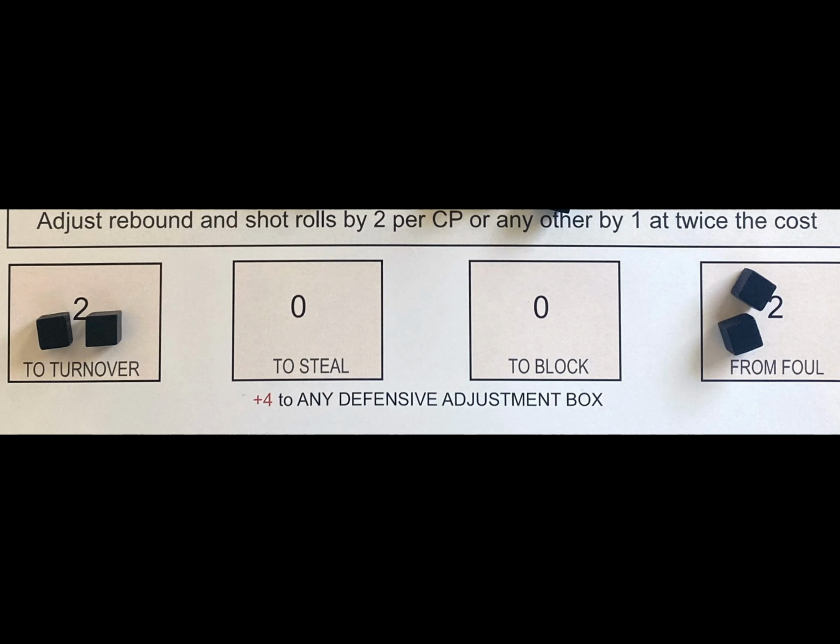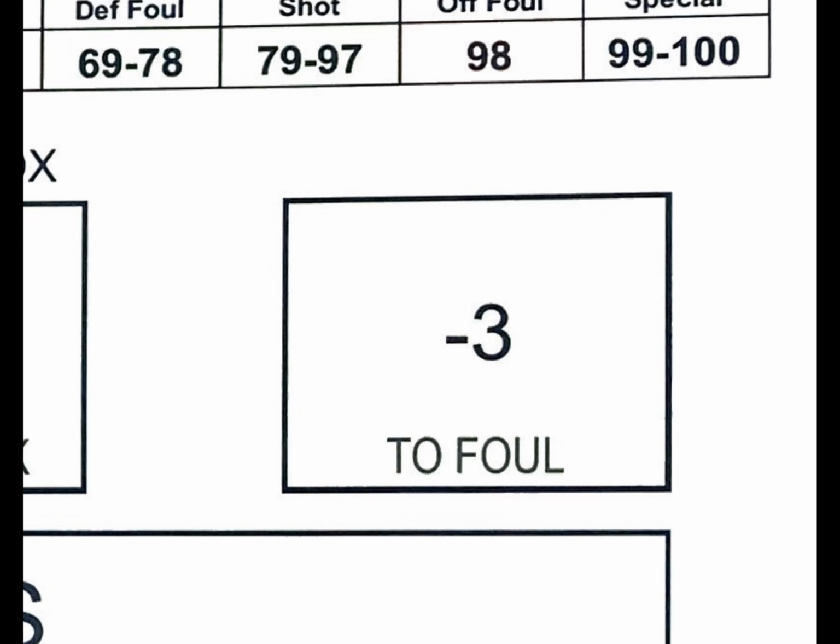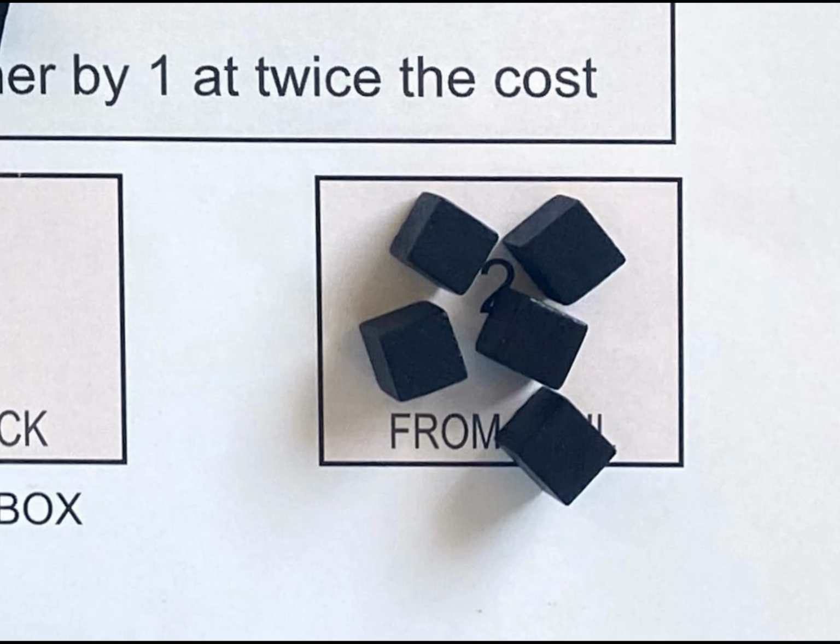Now, if you have a negative in any of these numbers, like for instance, the Baylor side has a -3 to foul. When it came down to statistics, they did not cause the other teams to foul them as often. So we're going to move that -3 over to Texas Tech to prevent fouls. We're going to give that to their defense.